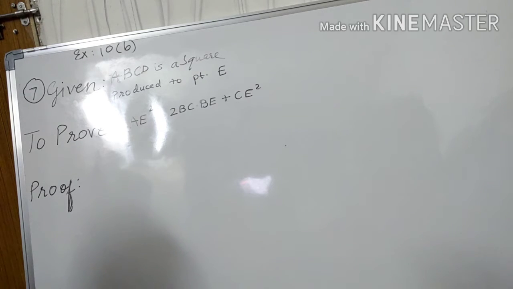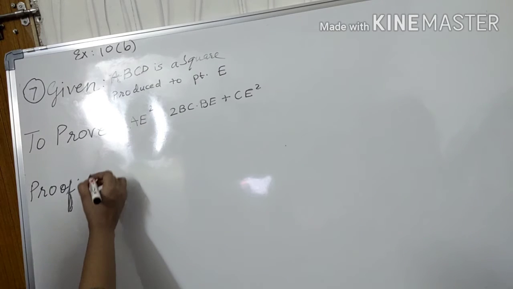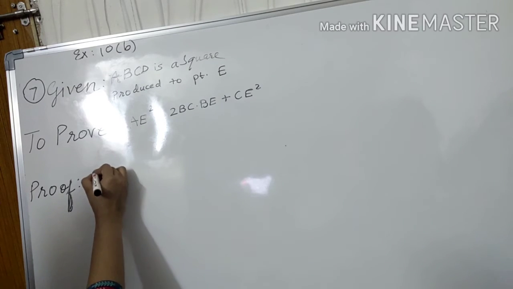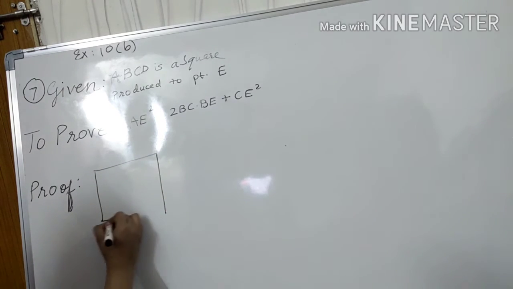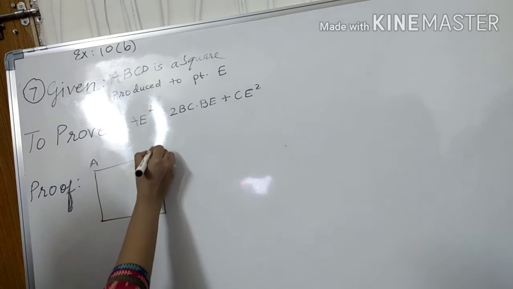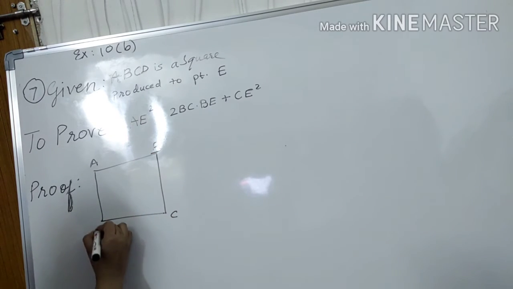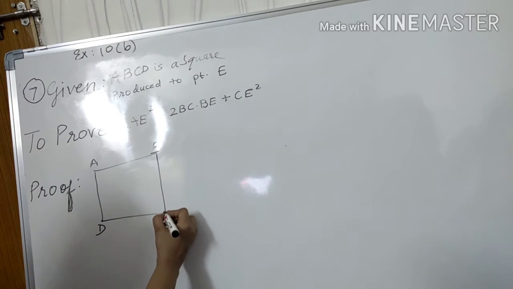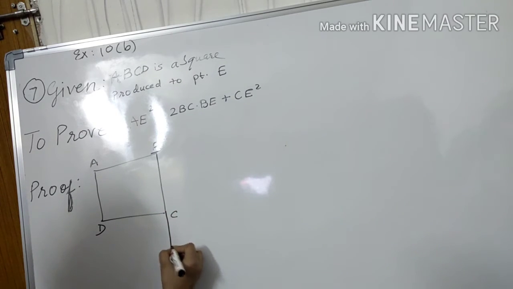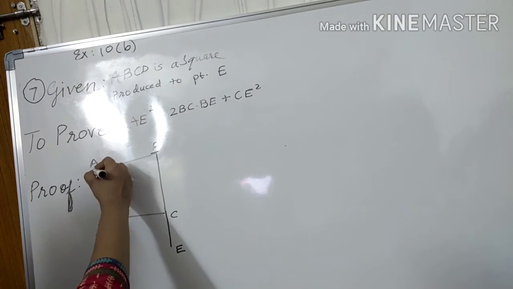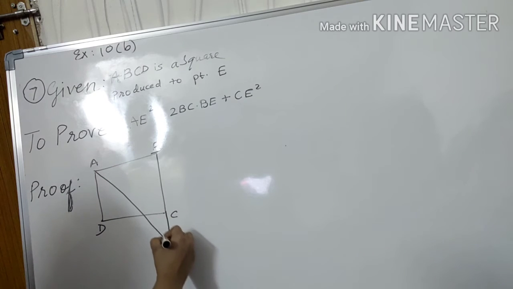In our proof, first of all, we will draw the square ABCD here. So this is square ABCD. Also it is given that side BC is produced to E. So here I have produced side BC to E and I will join AE.